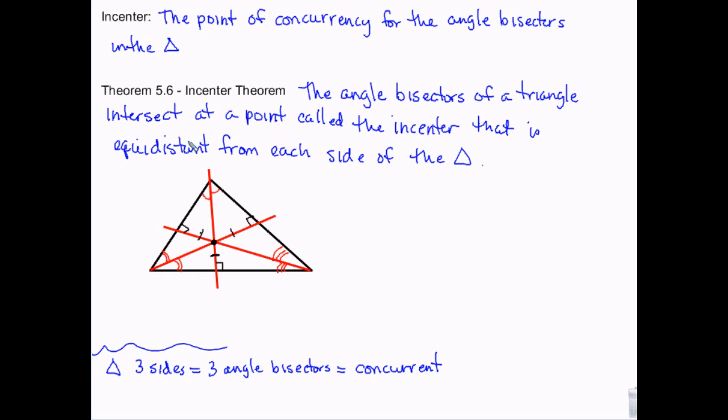Now, it can look confusing because these are perpendicular also, but they're not bisecting the sides. So this length and this length are not going to be the same. And same here, this length and this length are not the same. These are the only lengths that are the same. Kind of looks like a face.